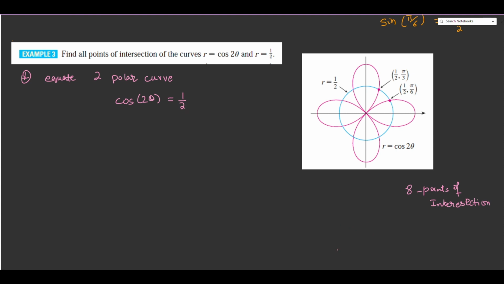If you remember from your previous knowledge, we know that cosine 60, that is cosine pi by 3, is equal to 1 by 2. So it means that we are going to get two values of this thing.